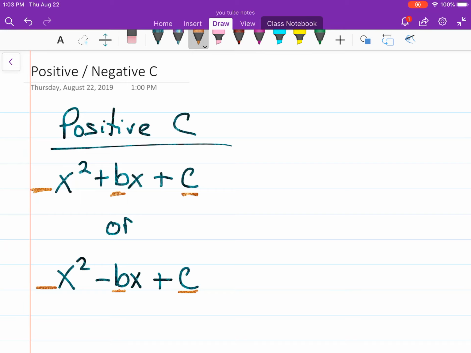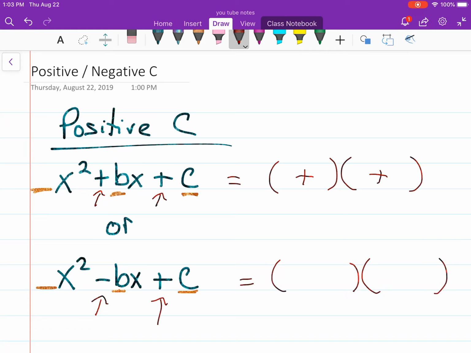They will not be letters. Your answers for one that has a plus will be templated with a plus and a plus. Your answer for one that has a negative B and a positive C will be templated with a minus minus.